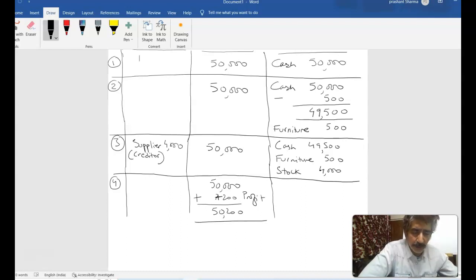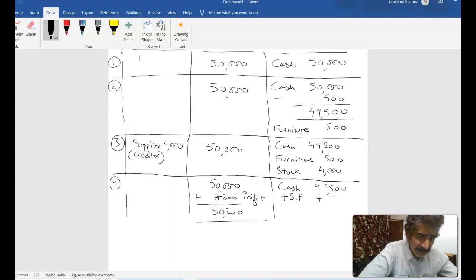Okay, fine. Then what will happen? Cash, which was 49,500 in the previous equation, I've copied that. Cash will increase, but by how much? By the selling price, because the customer is going to pay us the selling price.